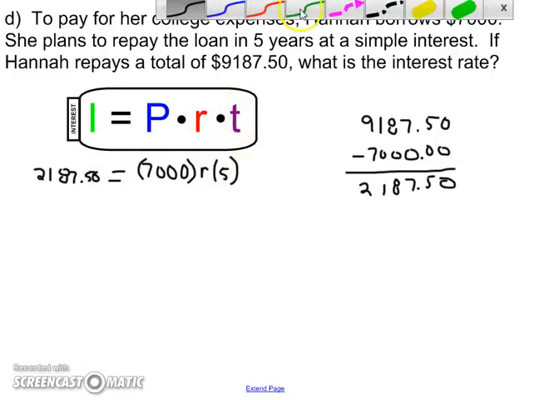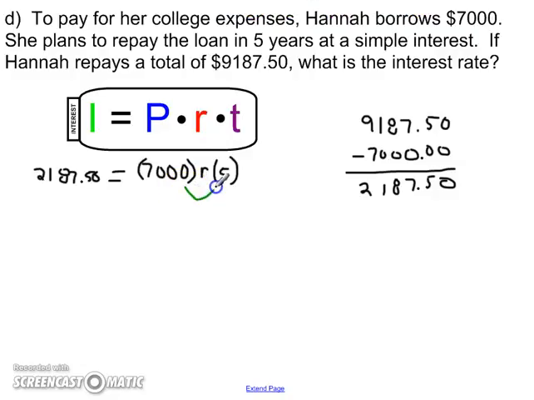So I'm going to do a little bit of calculations up here. I'm going to clean up 7,000 times 5 is 35,000. Okay, so I'm going to put those together. And I still have my rate here that I have to find, and I have $2,187.50 over here.